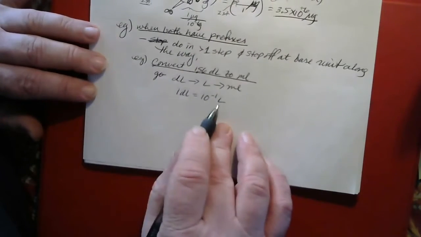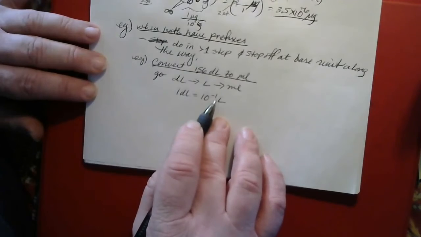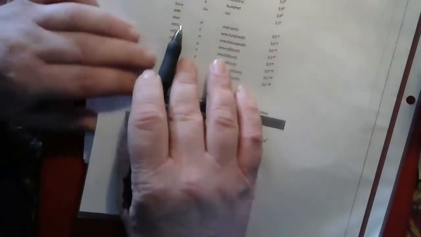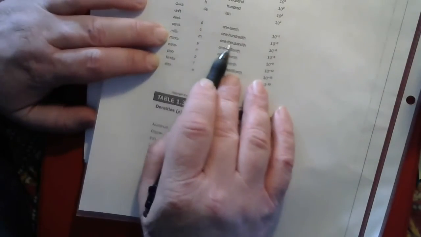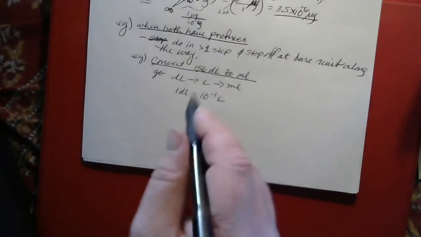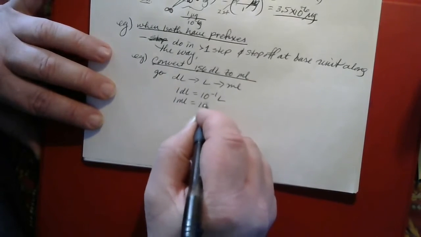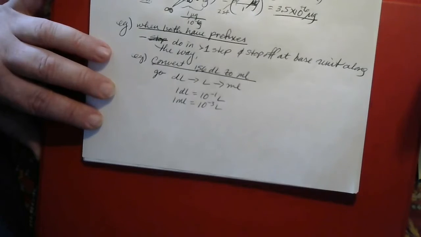So now we can go from deciliters to liters. And we need the relationship between milliliters and liters. So over here, we see that milli is 1/1000th, or 10 to the minus 3, of a unit. So 1 milliliter is 10 to the minus 3 liters.